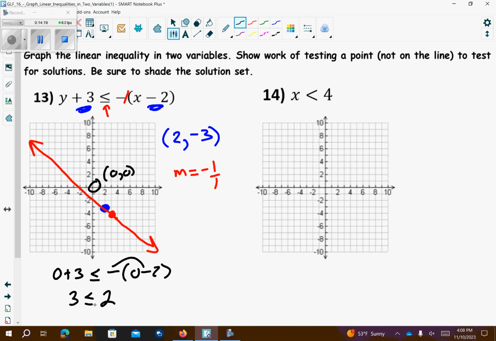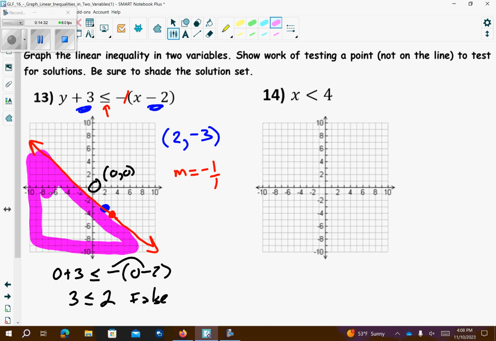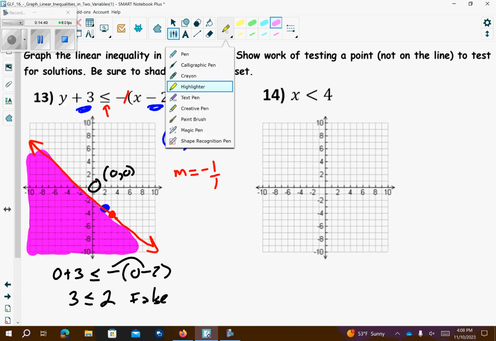Is 3 less than 2? This is false. So I'm going to shade the opposite side of my line. The 0, 0 was up here, so I'm going to shade down here. My solutions, if I picked any points down here, it would give me a true statement. If I picked any points on the side that the 0, 0 is on, it would give me a false statement.